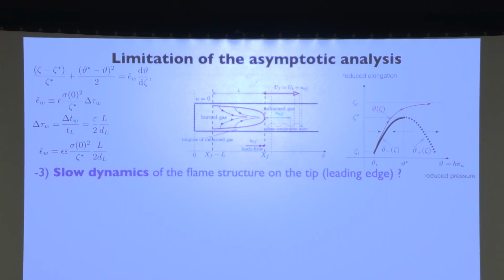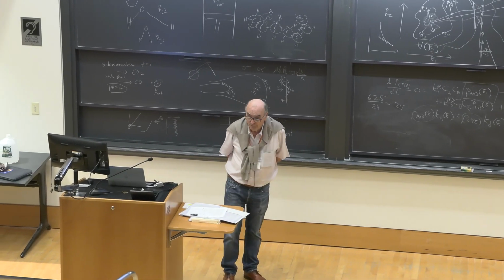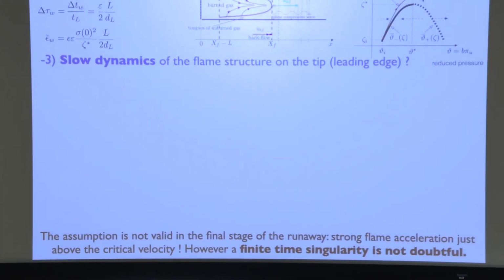However, a finite time singularity is not doubtful. Why? Because when you are here, there is no more quasi-steady state solution. So there is no other possibility than the singularity in finite time. But this is not a proof.